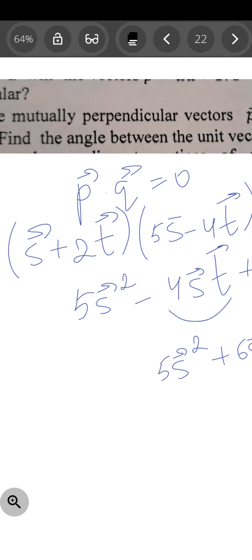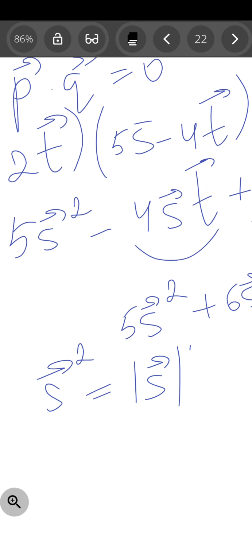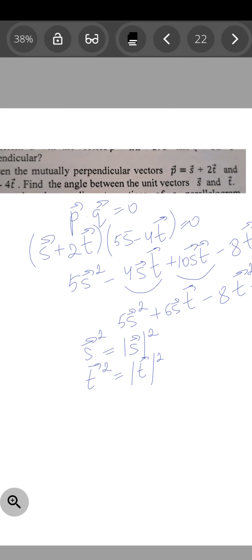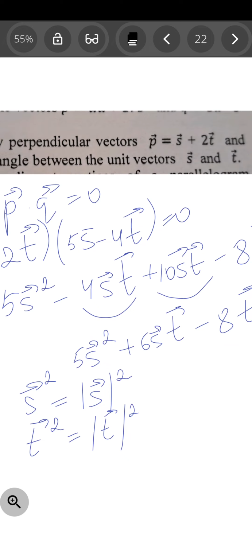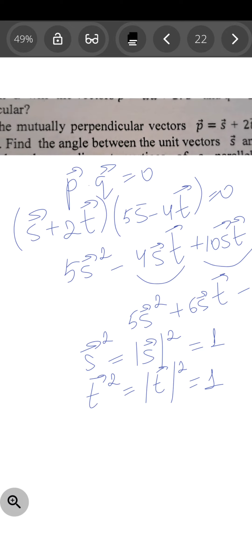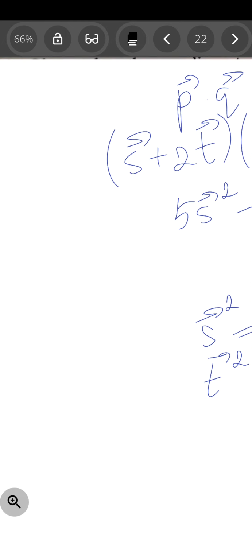And we know that s squared equals modulus s squared, and respectively t squared equals modulus t squared. According to the condition of this question, the vectors s and t are unit vectors. It means that their modulus equals 1. So these numbers will be equal to 1. Let's find the scalar product of the vectors s and t.